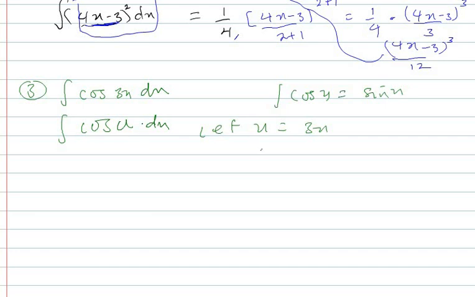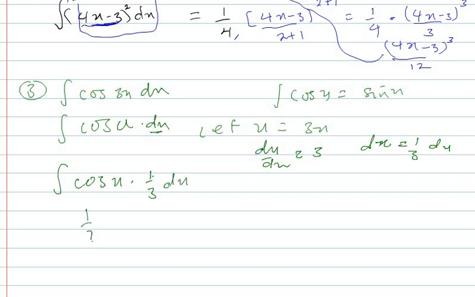We can find du by dx, which from here is just 3, so we can find dx, saying dx is equal to 1 over 3 du. So we can substitute here, putting the value of dx. So we have cos u, and our dx is 1 over 3 du.